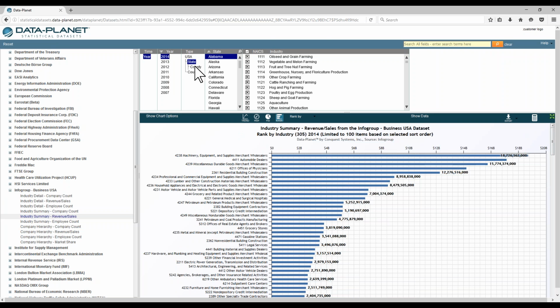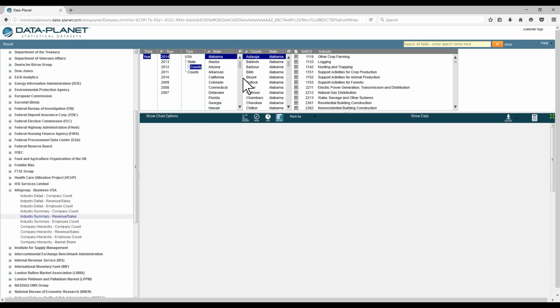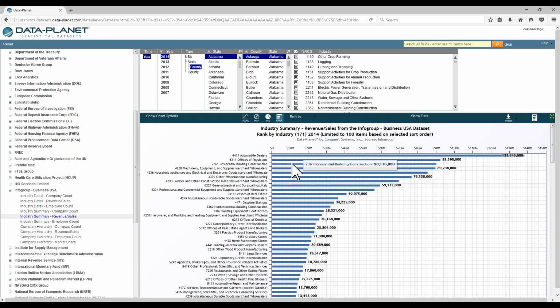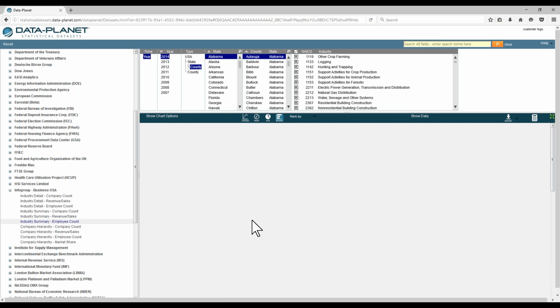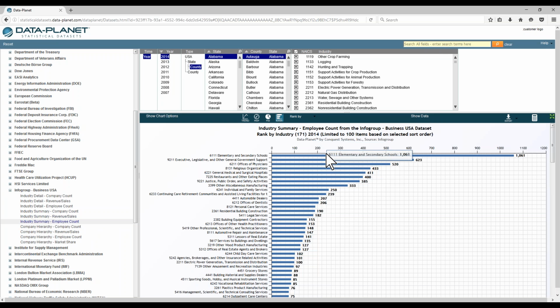Or if I go lower, Chautauqua County, most of the revenue comes from the automobile dealerships. Or if I wanted to look at employee count, the largest employers are the elementary and secondary schools in Chautauqua County.